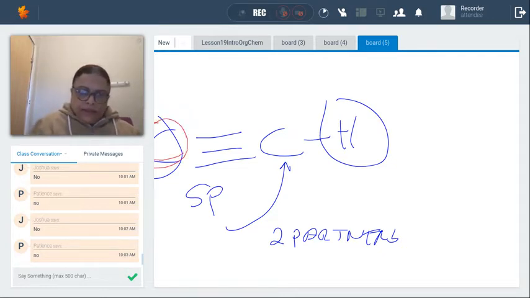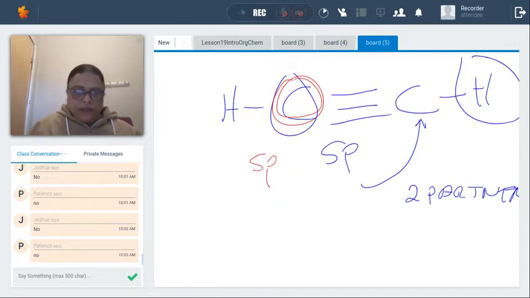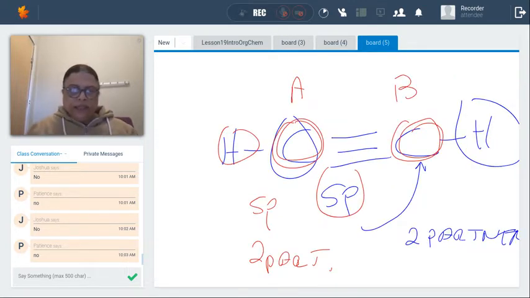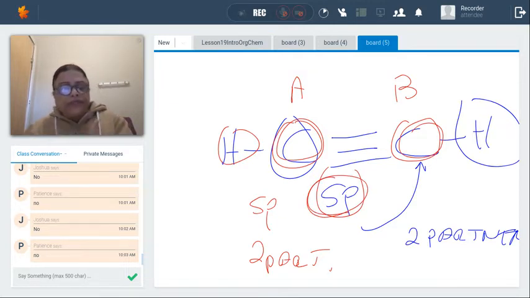This guy here is also an sp carbon. Why? Because it has this partner and this partner. Two partners. sp. So carbon A and B did the sp hybridization to facilitate the formation of a triple bond and another bond to hydrogen.